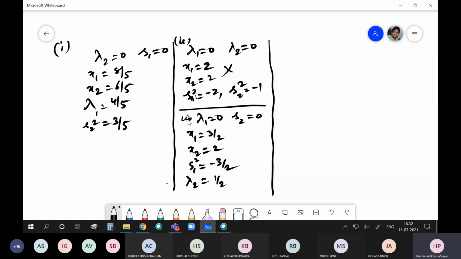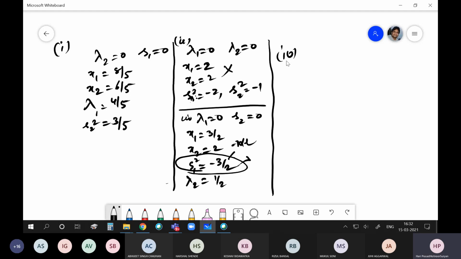So this is also not possible, because s1 square is becoming negative. So we discard this also.